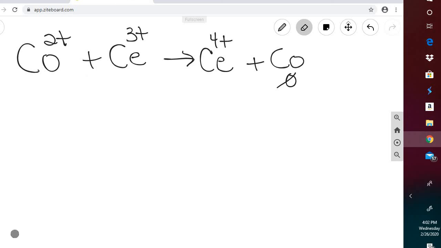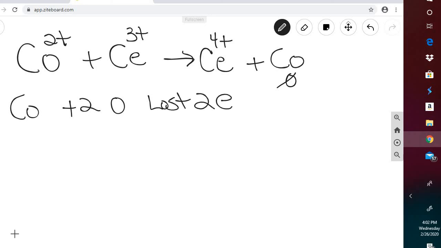So let's look at the cobalt first. It went from +2 to 0, so that means that it lost 2 electrons. And the cerium went from +3 to +4.